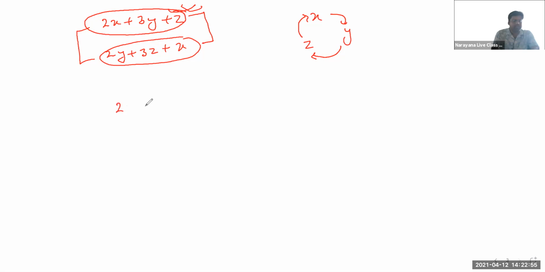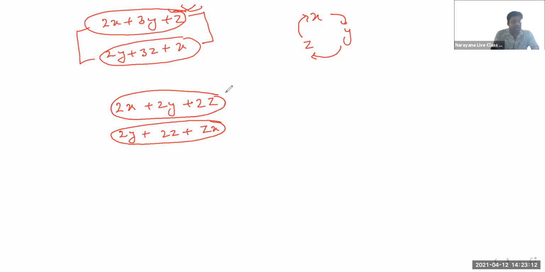But if I write 2x plus 2y plus 2z, and you replace x with y, y with z, and z with x, then what will you get? You will get the same expression. So 2y plus 2z plus 2x is the same as the above one.